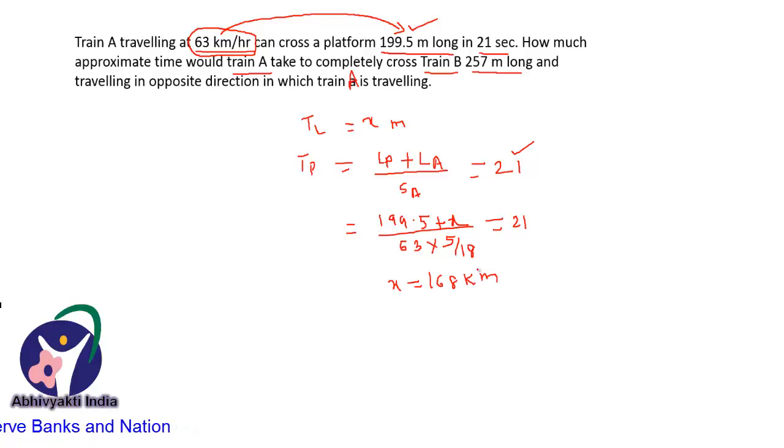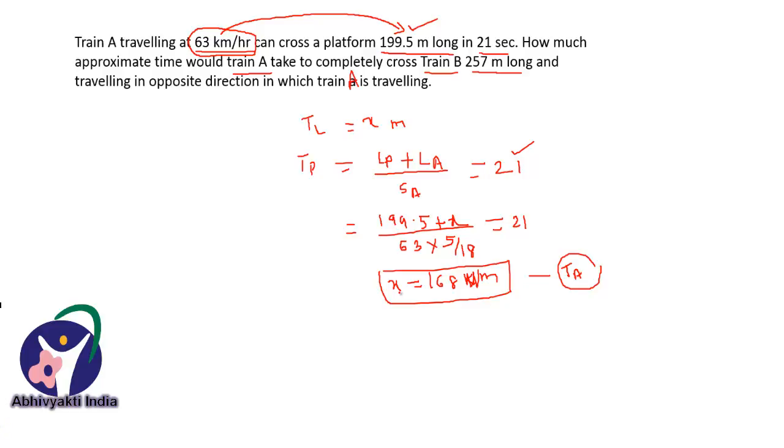Therefore the length of train A is 168 meter.